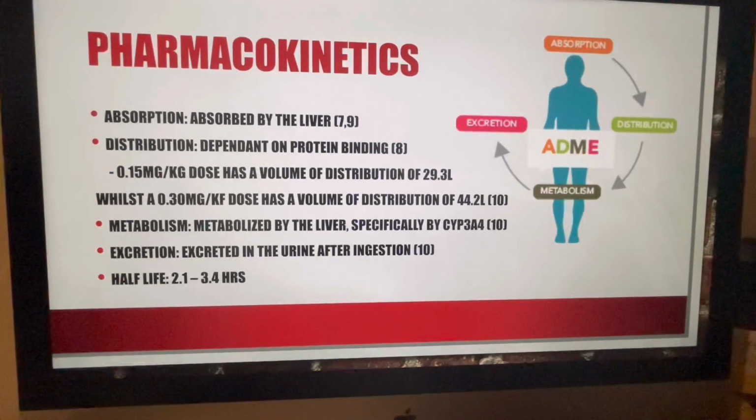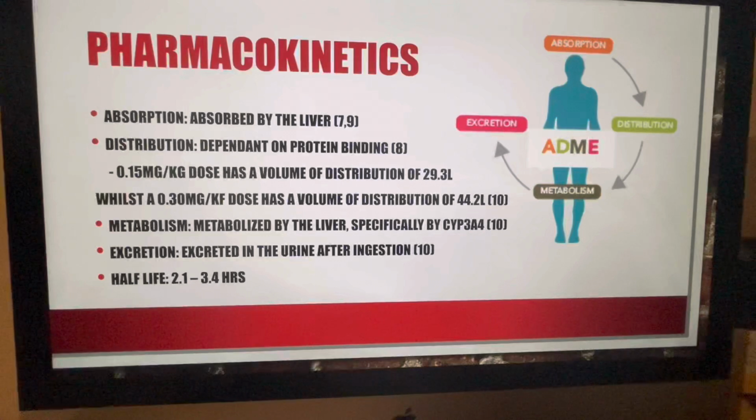The volume of distribution for prednisolone is highly dependent on the protein binding properties, as discussed already. Now, prednisolone binds to transcortin in the blood and can also bind to albumin. The problem is that albumin has a lower affinity and high capacity, therefore not becoming saturated, meaning it does not reach the point of maximum concentration.